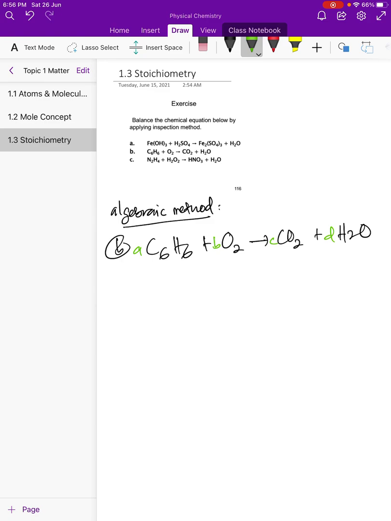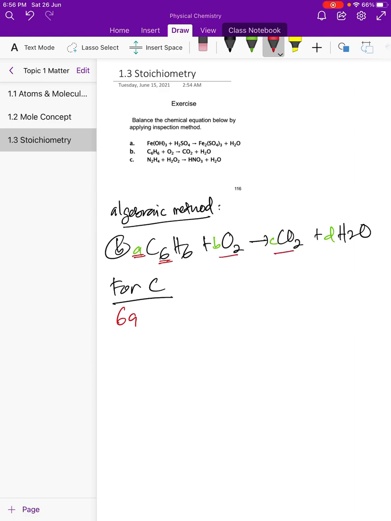Okay. So now we look at it element by element. So for carbon, on the left hand side of the equation, there are 6 carbon multiplied by A, we get 6A. And here there is no carbon.